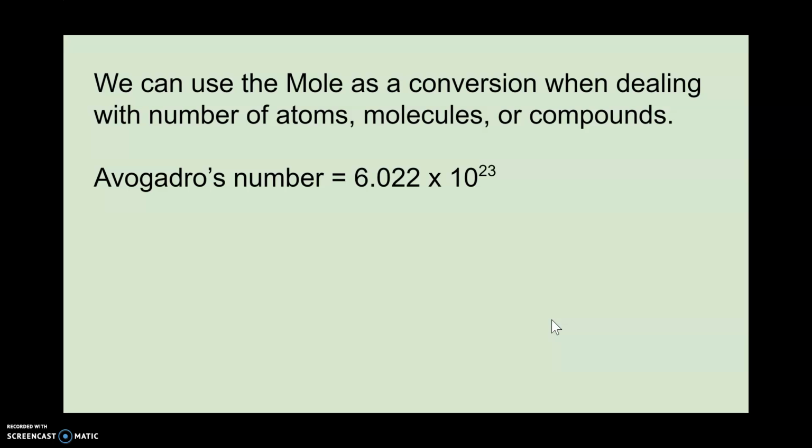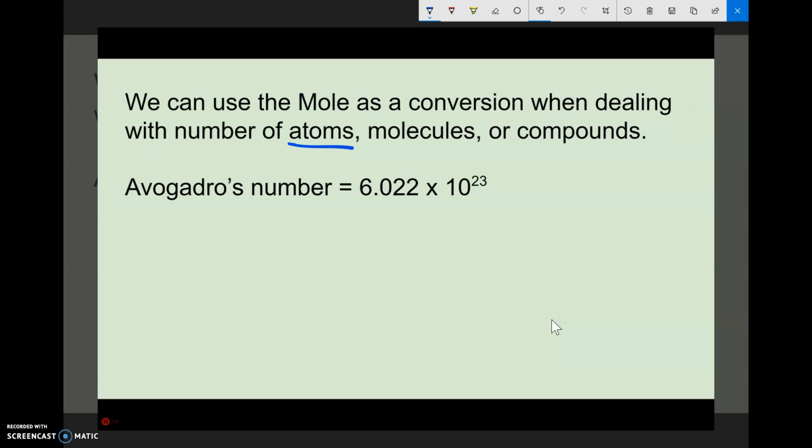Now the cool thing is we can use the mole as a conversion. When we talk about conversions, we're talking about 2 units that equal each other, like 1 foot equals 12 inches. So we can use the mole as a conversion when dealing with a number of atoms or molecules or compounds. And this number, because we keep saying it but we're not putting a name to it, now we have a name.